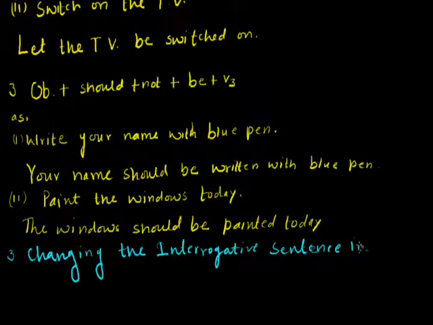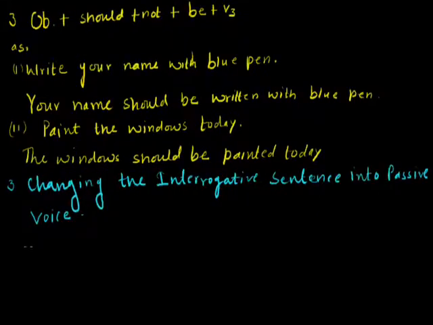Like all the sentences which we discussed earlier, we also need such sentences in which the object is given, because without an object it is very difficult to make the passive voice. Okay, so first let's discuss the interrogative sentence which begins with the WH word.